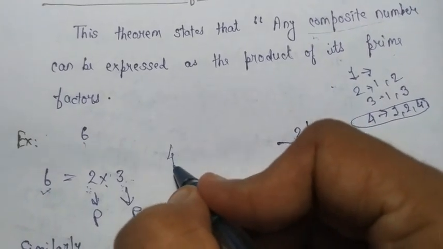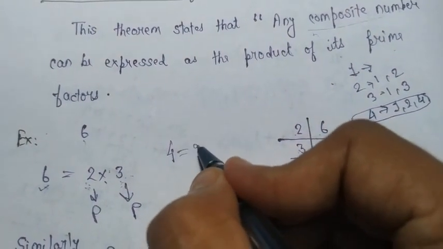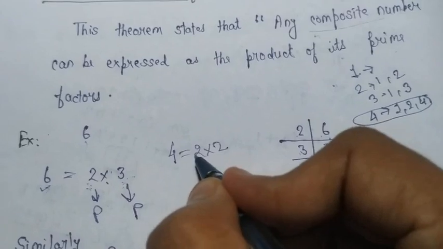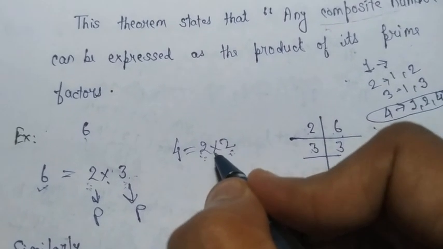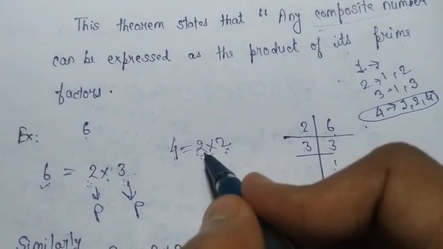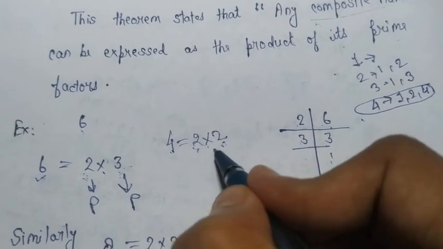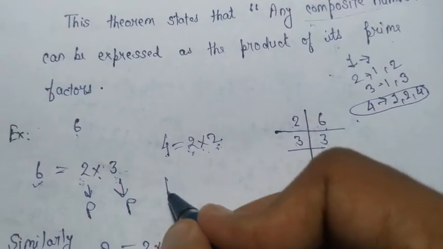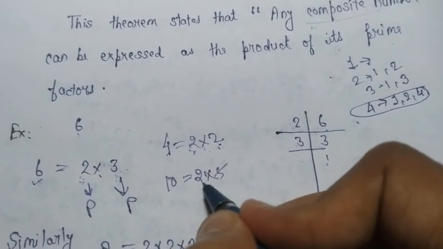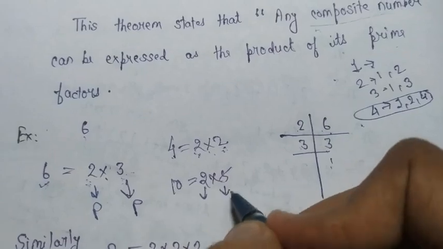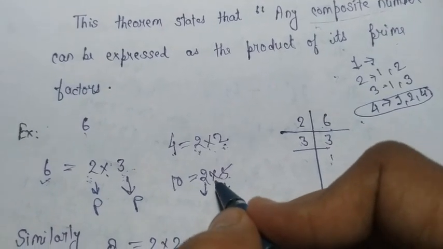For example, 4 can be represented as 2 into 2, and both 2 are prime numbers, and both prime numbers are multiplied, so 4 is also represented by the product of its prime factors. For example, 10 can also be represented as 2 into 5. 2 is a prime, 5 is a prime, and between them the multiplication sign is there.